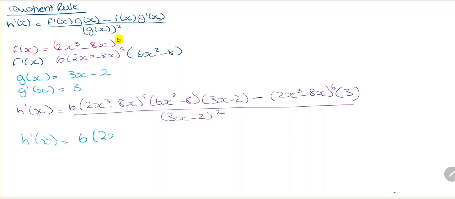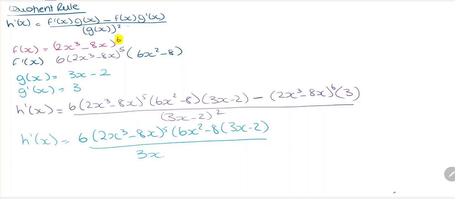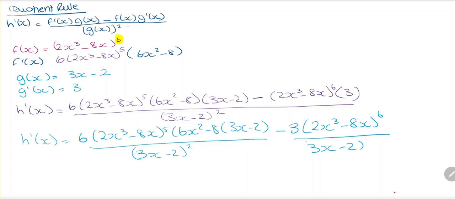So (2x cubed minus 8x) to the power 5, (6x squared minus 8), (3x minus 2), all over (3x minus 2) squared, minus, and here I can rewrite this 3 in front because it's minus 3 times this, so 3 multiplied by (2x cubed minus 8x) to the power 6, all over (3x minus 2) all squared.